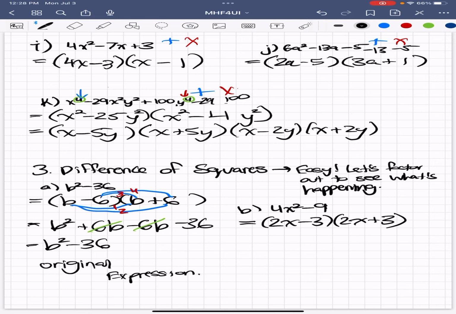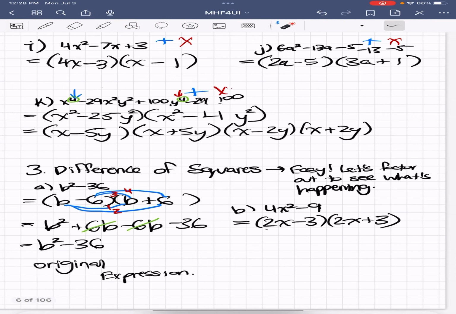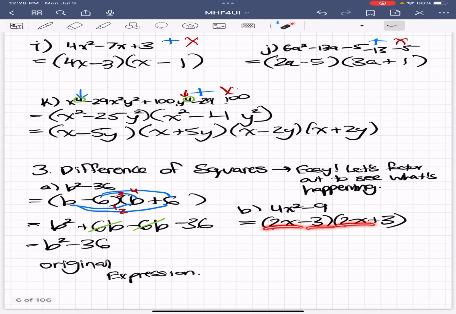The first two terms here are the same, and then these two terms are the same, aside from the operational sign. Difference of squares is easier that way because you know what sort of numbers to expect. Any perfect squares, not perfect cubes, perfect squares. Yes.